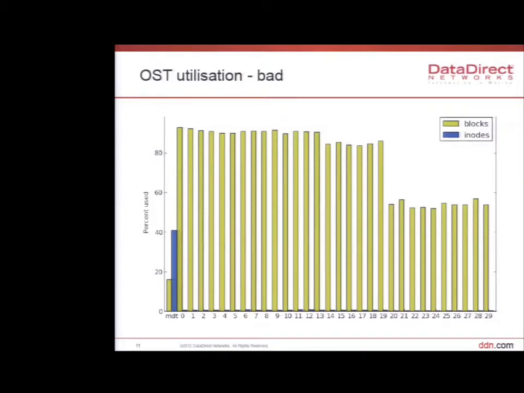This is another file system we've got at a customer. Slightly interesting graph because it's got the big step in it there. We think this customer is using OST pools, so the data on the right is allocated to one group, and the data on the left is allocated to another group. But if you look at it, they're running at about 90% capacity, with 20 out of 30 OSTs at 90% capacity.